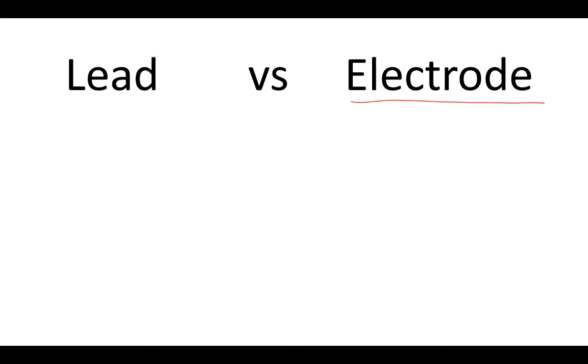When attached to a particular surface, it receives electricity and it can transmit electricity as well. On the other hand, what is a lead? A lead is a pair of electrodes, that is two electrodes constitute a lead.